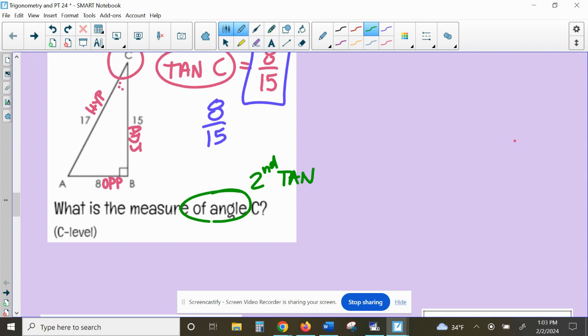So let's get that in our calculator. Second tan. So it should have tan -1 in. Tan -1. Okay, what do I put in those parentheses? 8 divided by 15.